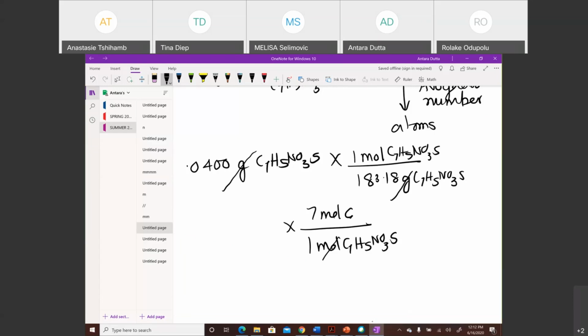So then this should cancel out this. And once you have the moles of carbon, then we can write the Avogadro number: 6.02 times 10 to the 23 atoms of C is equal to 1 mole of C.